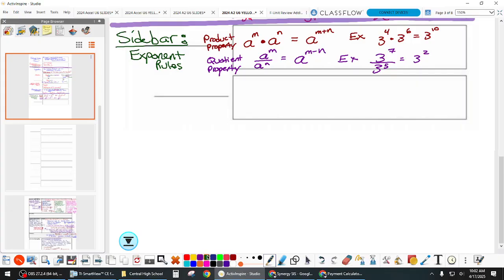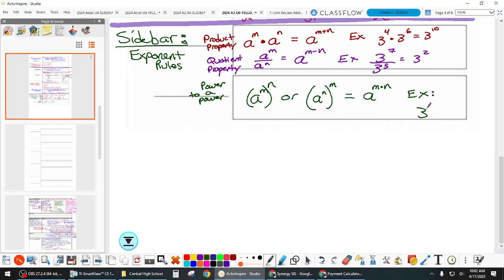Okay, and then power to a power. What do we do in that case? So a to the m to the n, or vice versa, it doesn't matter. You guys remember? That's when we multiply these. So m times n.